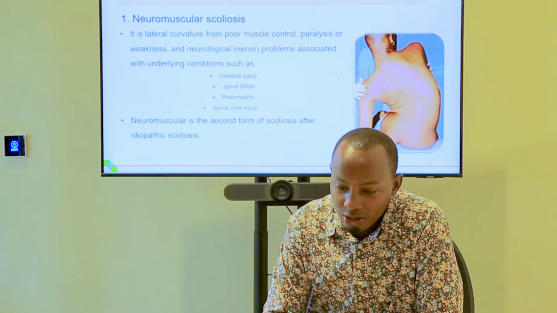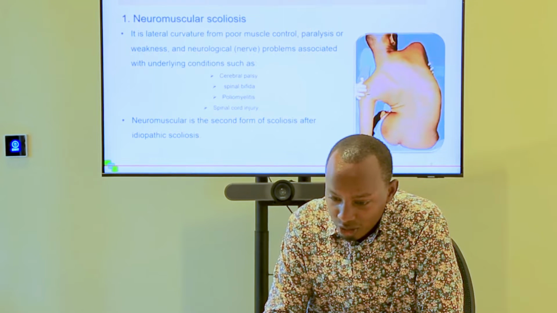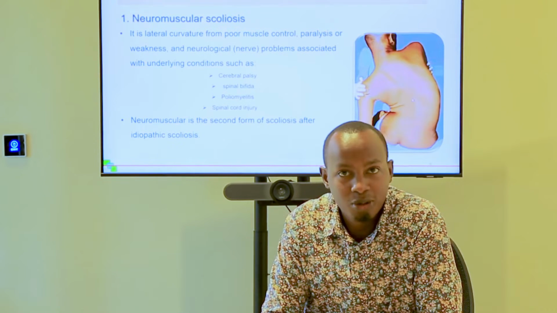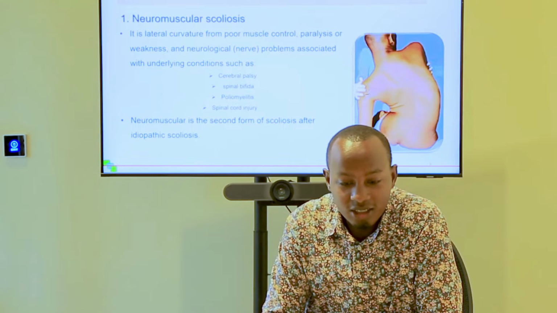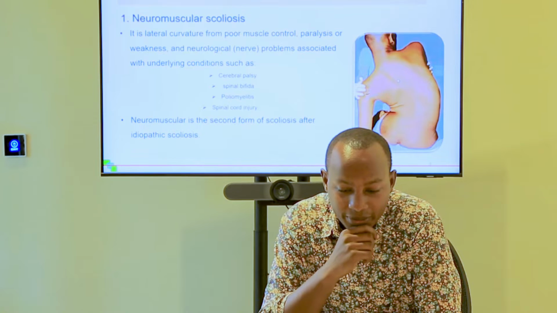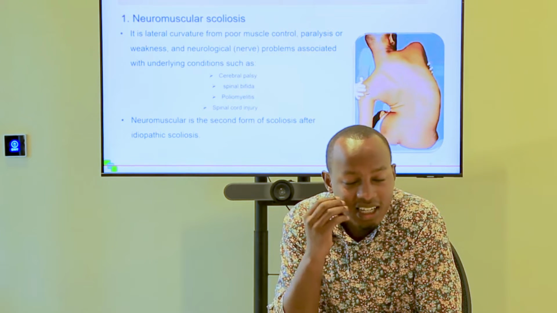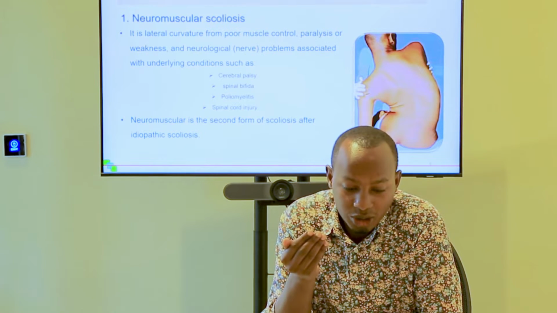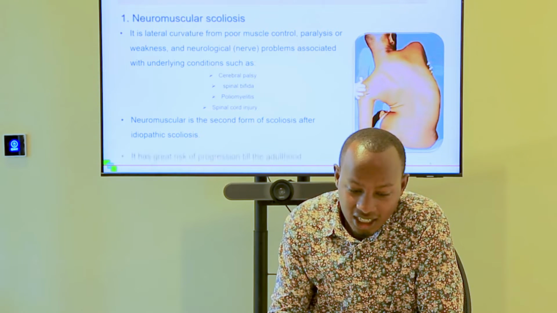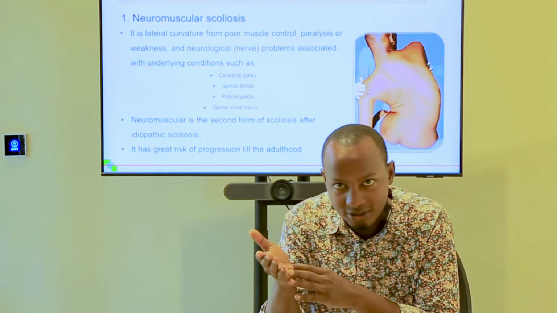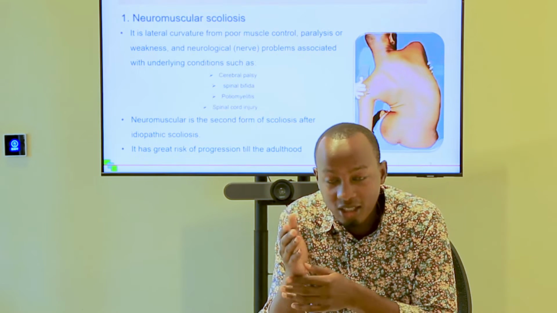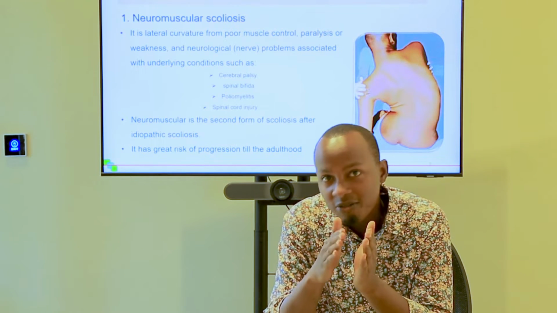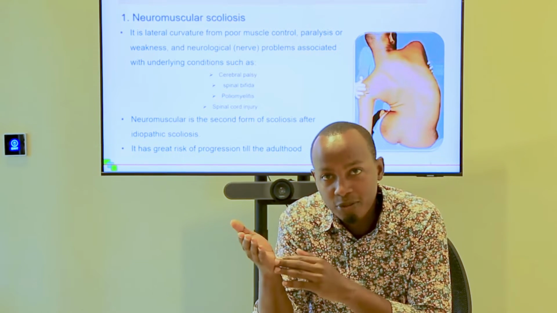So in this case, you find that these are weak muscles, and here they are strong muscles, so they tend to develop the curvature and develop scoliosis. Neuromuscular is the second most common form of scoliosis after idiopathic scoliosis. It tends to progress after skeletal maturity and even in adulthood. Whereas in idiopathic scoliosis, after skeletal maturity, there is no curve progression.